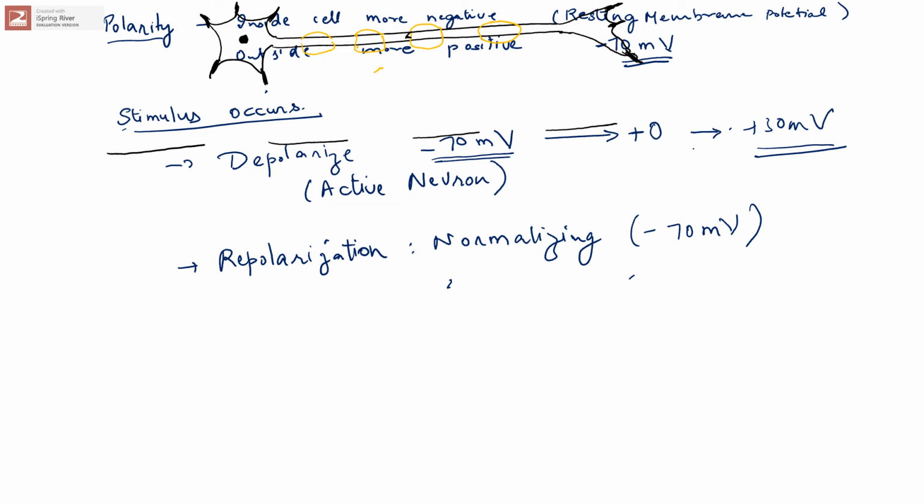So during repolarization, a lot of potassium gates open up and a lot of potassium ions diffuse out of the cell. So potassium ions leave the cell to make the inside of the cell more negative to restore polarity.